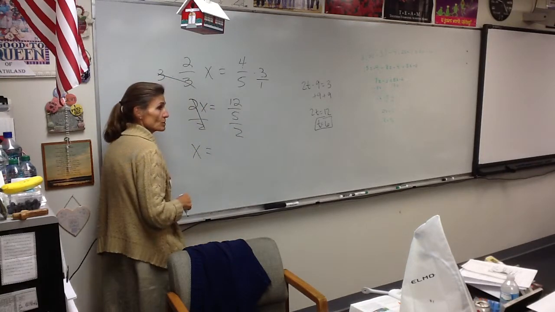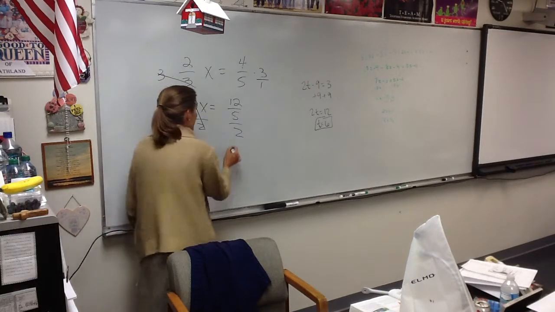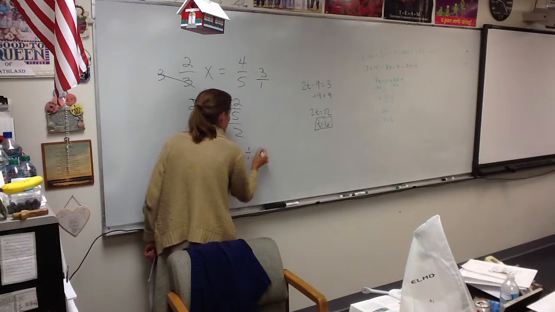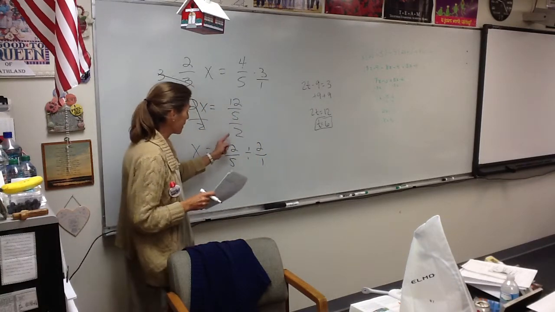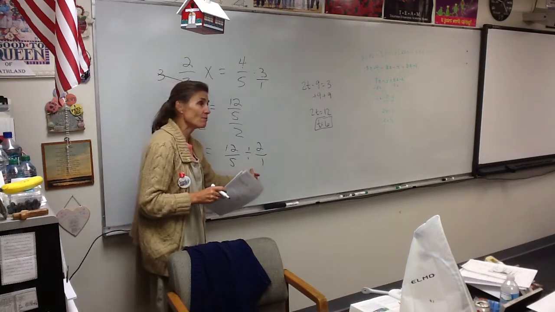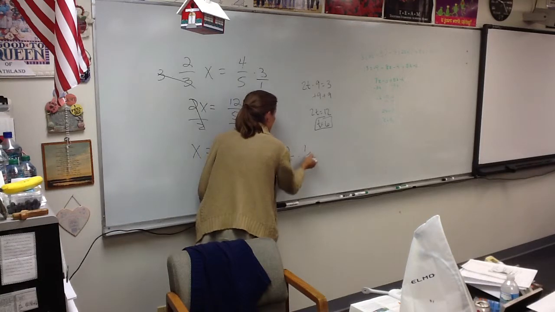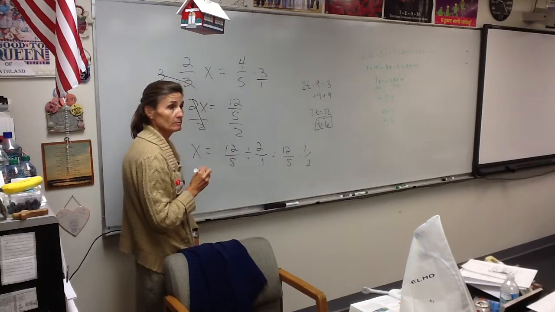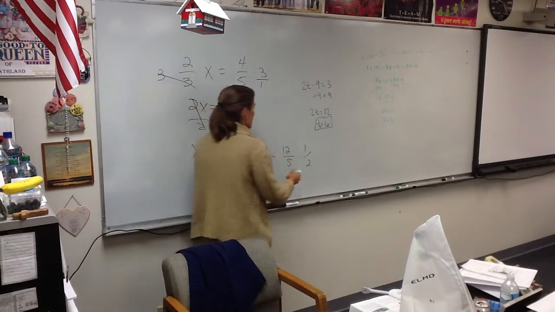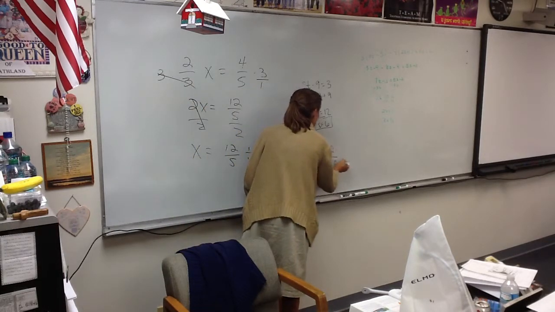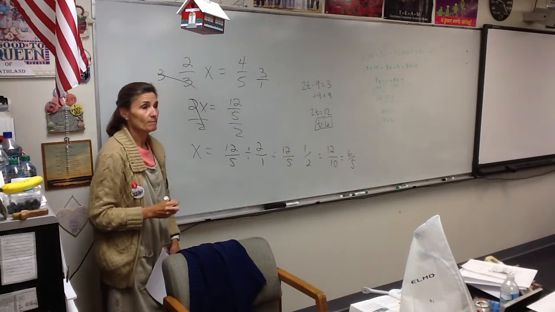So x equals. But then I got to remember how to divide fractions. This is 12/5 divided by 2 over 1. How do I divide fractions? 12/5 times 1/2. Yeah, I multiply by the reciprocal. So that would be 12 over 10, which reduces to 6 over 5.